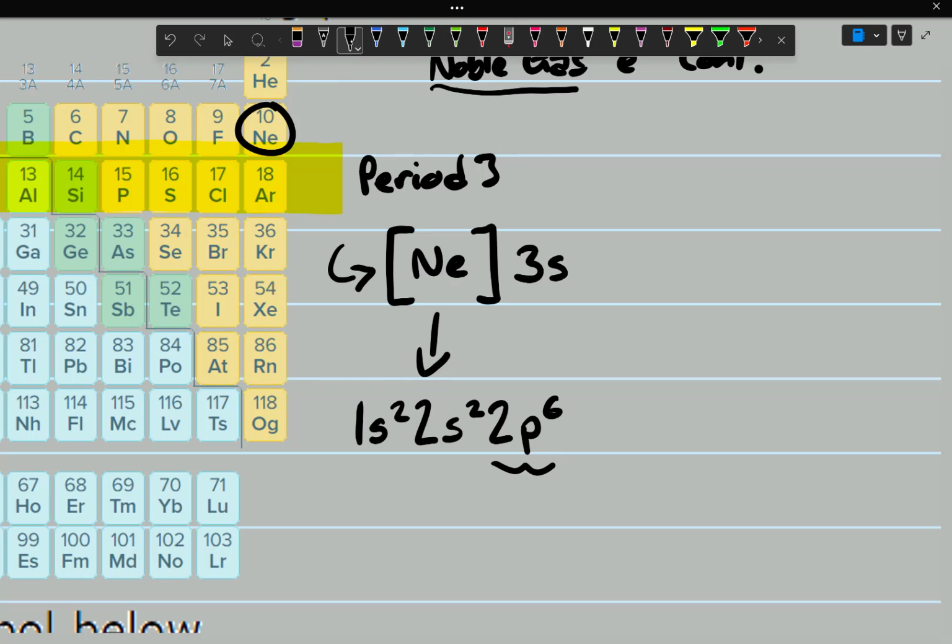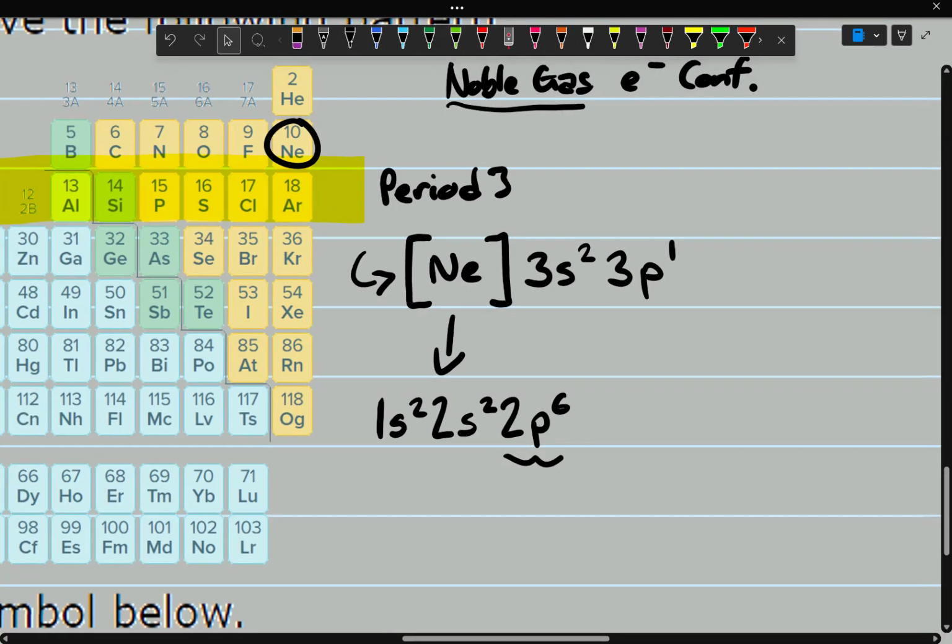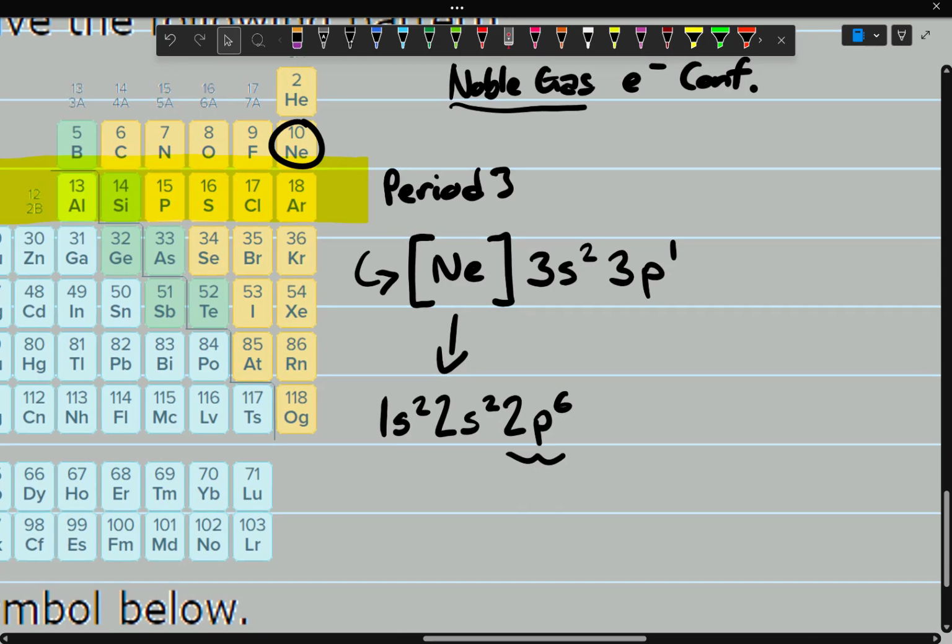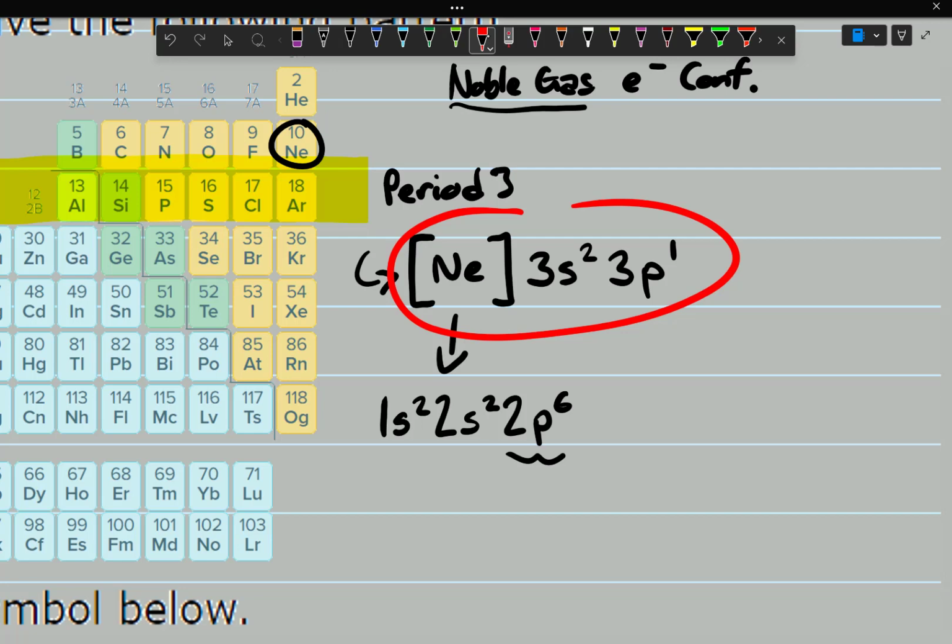And we need 3 total, so this would be 3s2. And then what comes after 3s2? That would be 3p1. And so this is the element we're looking for.